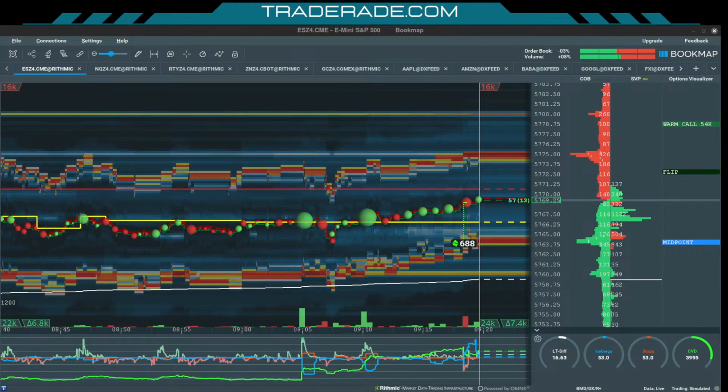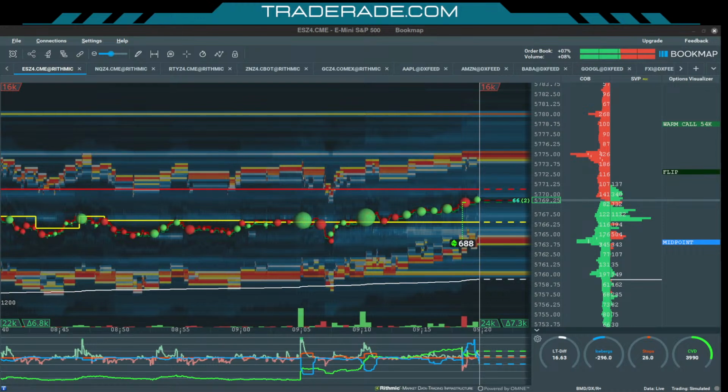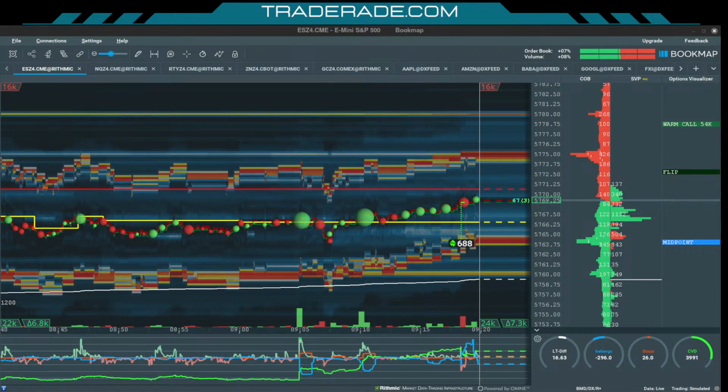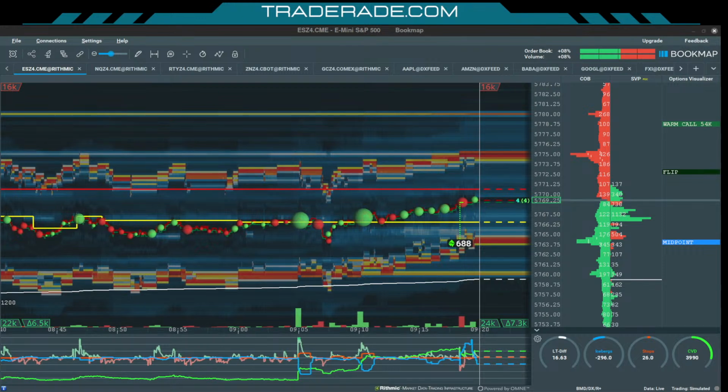NASDAQ bid up about 0.47%, so it's starting to really catch up to the S&P a little more here. Dow and small caps, the Russell 2000, bid up just about 0.14 and 0.16% respectively. And VIX trading spot 21.70, down 3.84% ahead of the open.